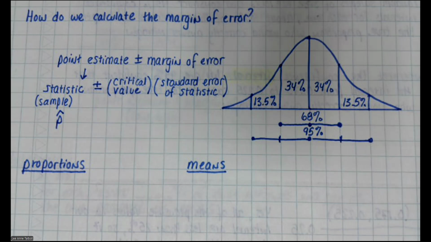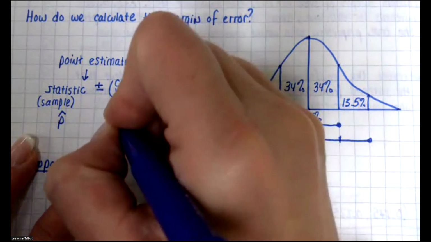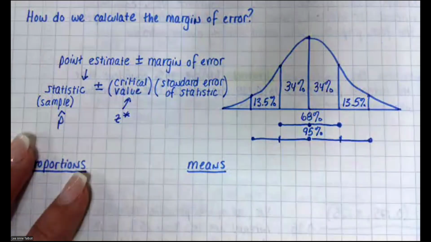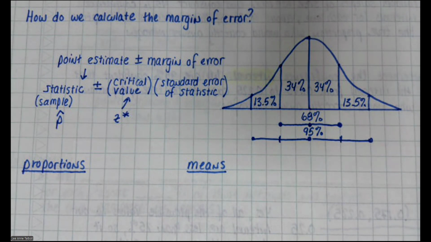However, because we have the plus or minus in front, the critical value is always going to be positive because it's just a number of jumps. And you're already taking into account the negative because you have plus or minus there. So when you're talking about just the positive, this is called Z star. Z star is nothing other than the absolute value of Z. You just make it positive because you're just going out that many spots on either side.